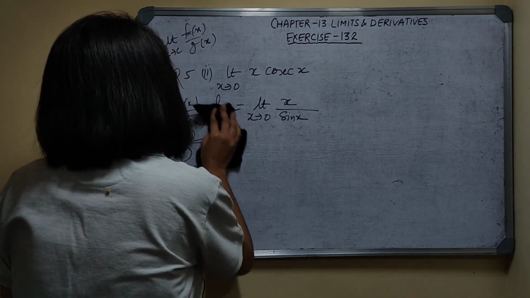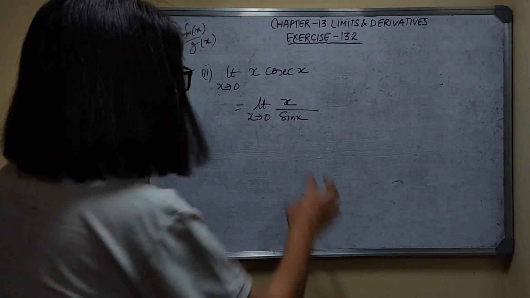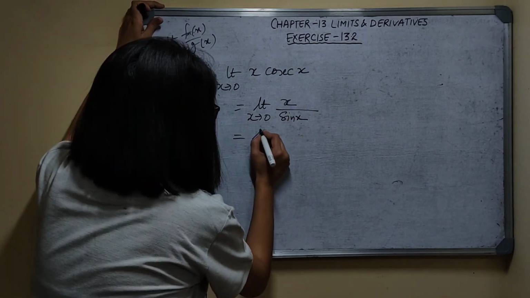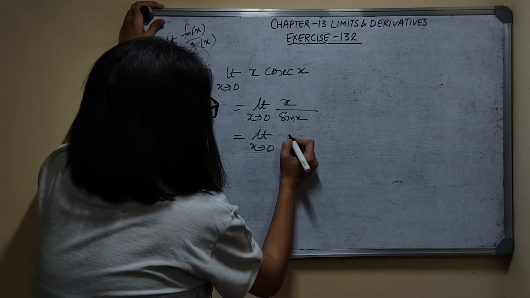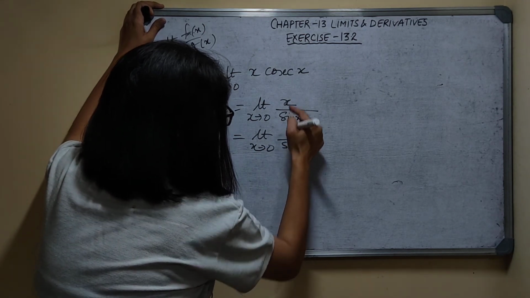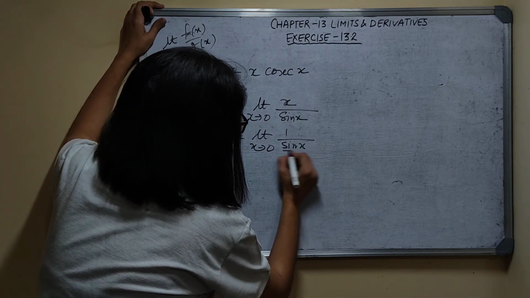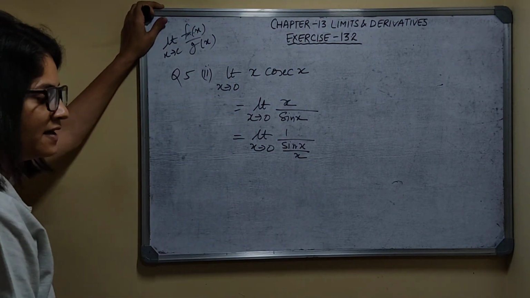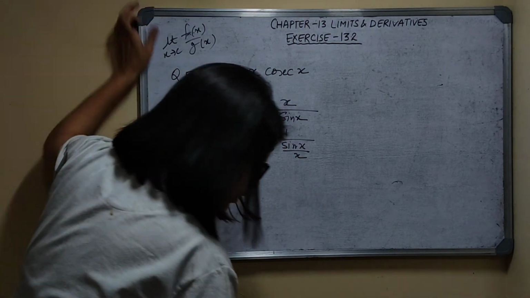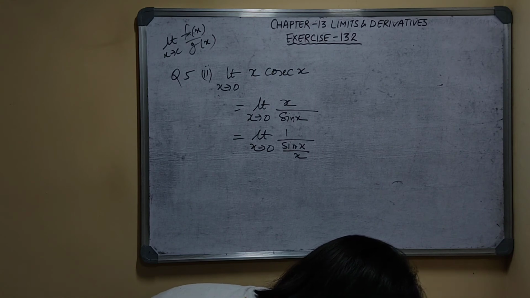I know one formula related to x and sin x. Limit x tends to 0, x upon sin x I can write as 1 upon sin x upon x. Is it clear? Limit x tends to 0, 1 upon sin x upon x.